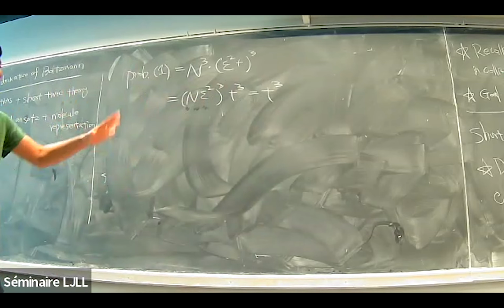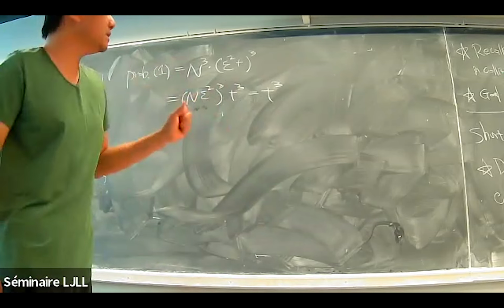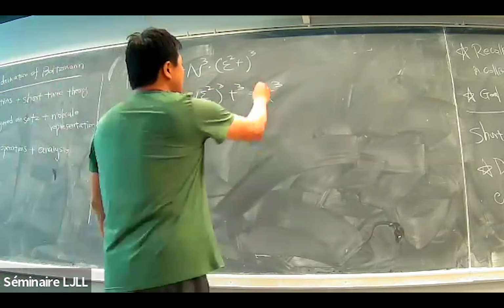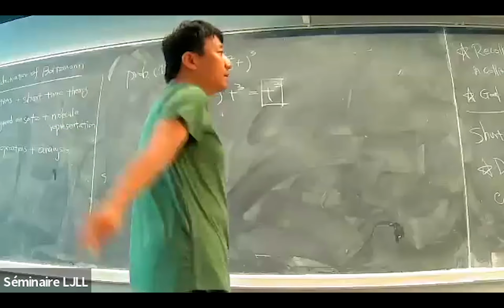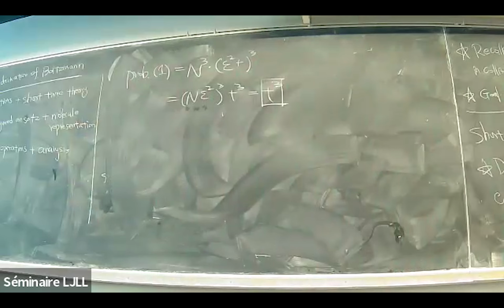And t is a small constant, but it's a constant. It doesn't go to 0 when epsilon goes to 0. And so you get this. So this is the probability of the case with no recollisions.